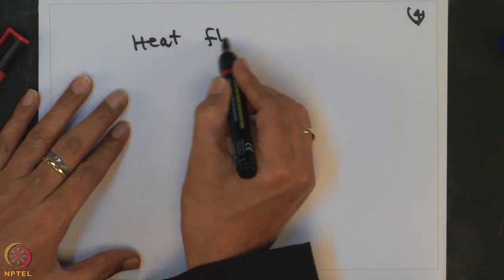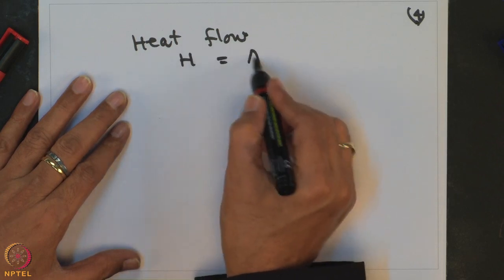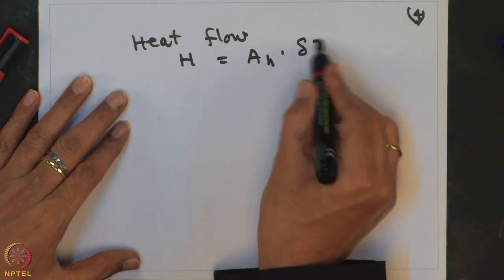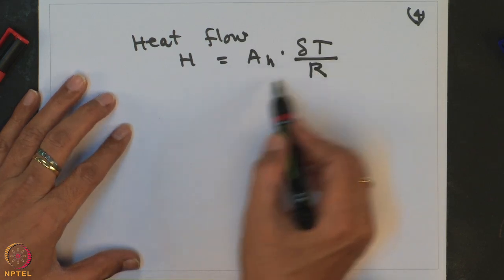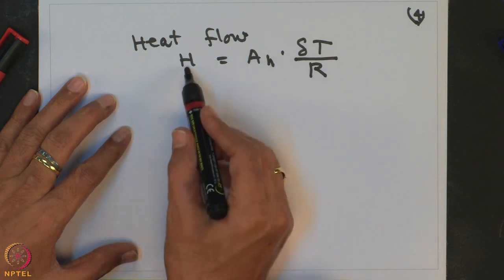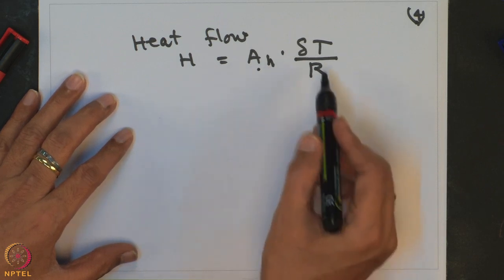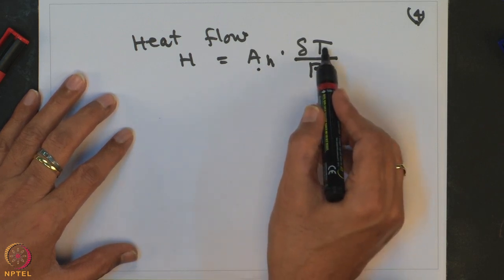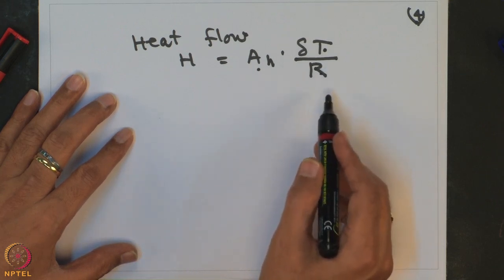You know the equation for heat flow: H is equal to A_H into delta T divided by R, where H is the heat flow, A_H is the cross-section area of the heat flow, delta T is the temperature difference across the material, and R is the thermal resistance.